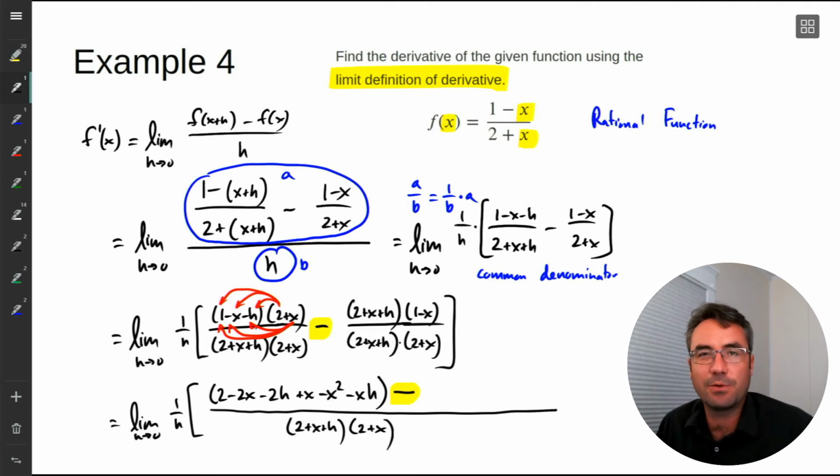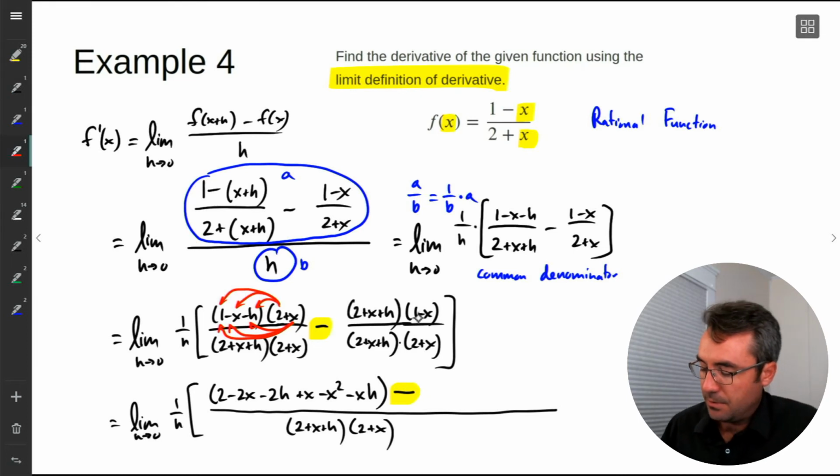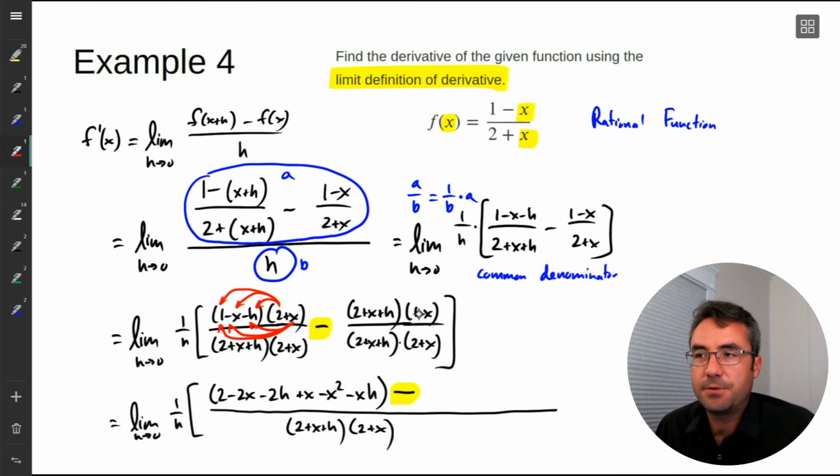So a lot of times when we work with fractions, a lot of the work gets done with the numerator. Denominator, not always, but a lot of times not too much happens there. And that's the case here. We're not going to do anything with this denominator, but we got to multiply this out. So again, start with the term that has the fewer pieces in it, so this one, and then just kind of distribute it all the way through.